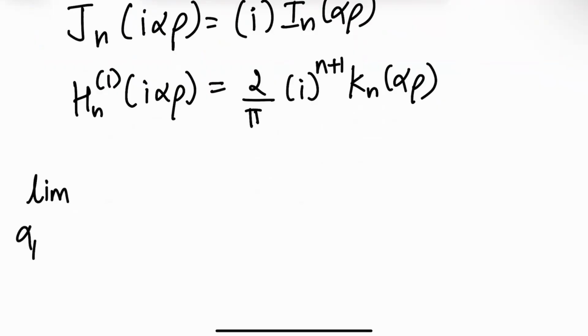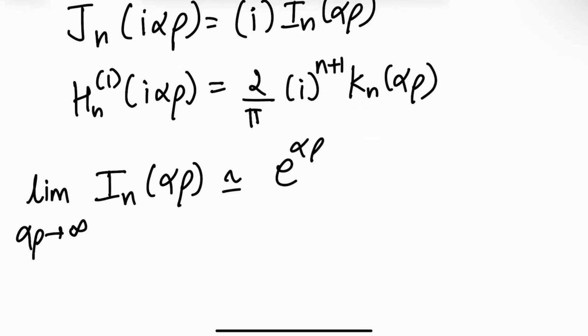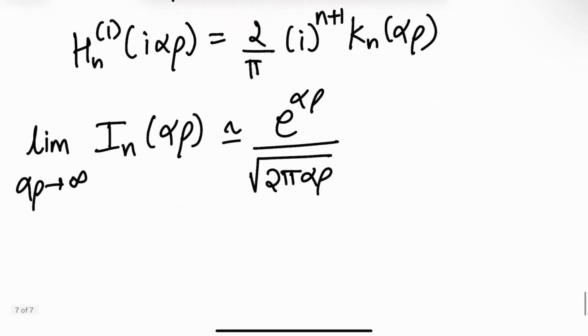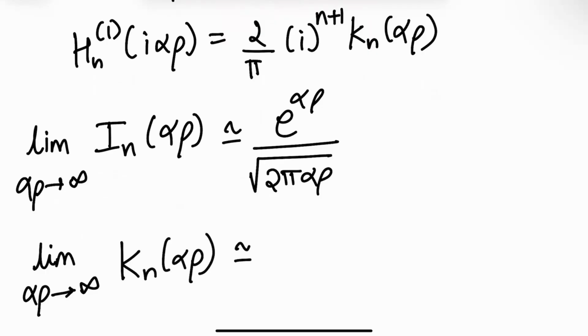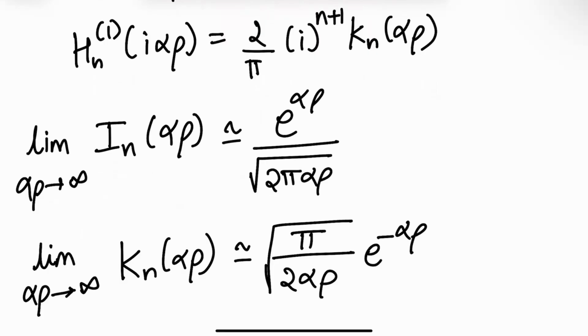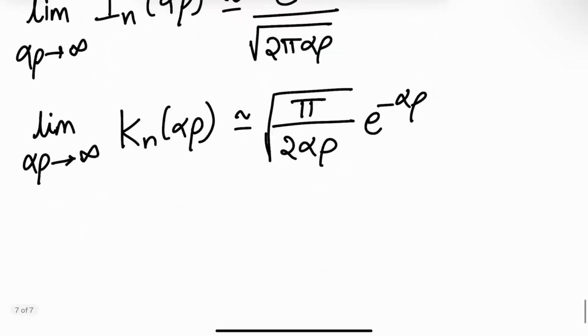So in the limit alpha rho tends to infinity, you can guess that I n looks like a real exponential, approximately e to the alpha rho divided by square root of 2 pi alpha rho. And in the limit alpha rho tends to infinity, K n of alpha rho is approximately equal to square root of pi over 2 alpha rho e to the minus alpha rho. So those are the asymptotic forms.